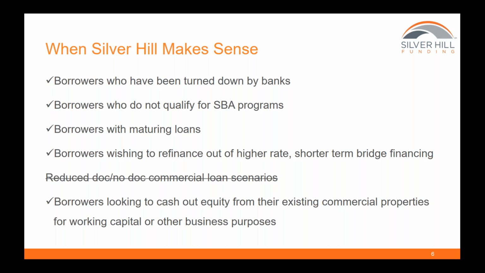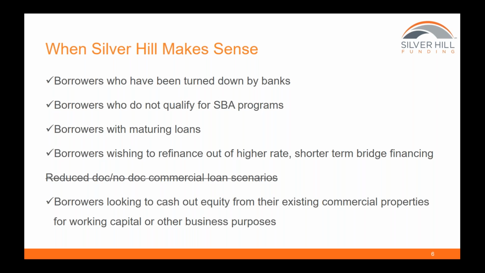Okay, borrowers with maturing loans, and borrowers wishing to refinance out of a higher rate because they have a short-term bridge loan. We get a lot of that, where folks did an acquisition bridge transaction to get into the property, or they may have even bought a property with cash and now they want to recapitalize.